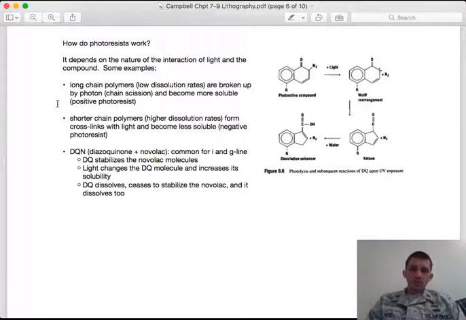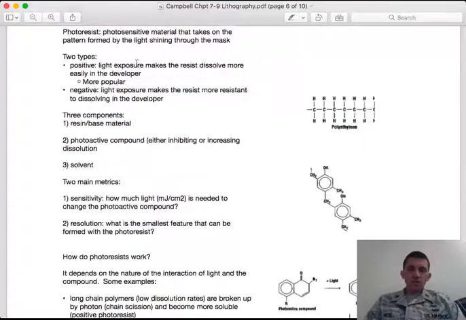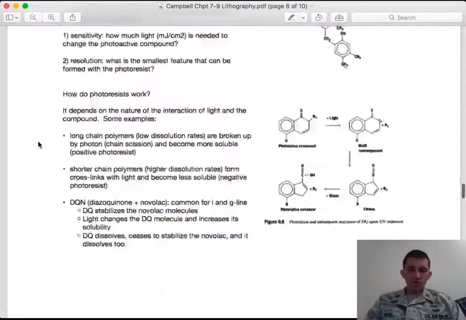They don't have the same degree of van der Waals bonding. And so the developer can get in between those chains and remove them, and they become more soluble, right? So this is an example of positive photoresist where the light is making it easier to dissolve the photoresist.